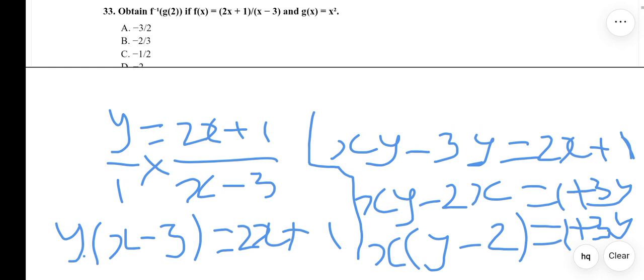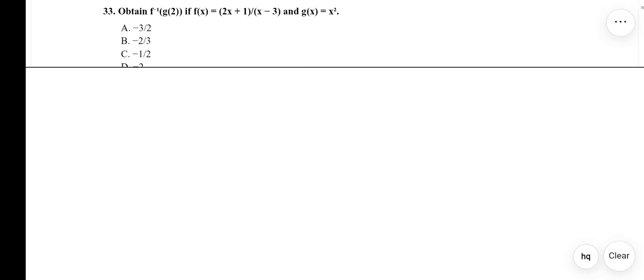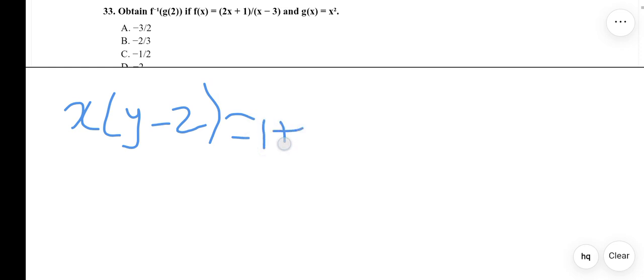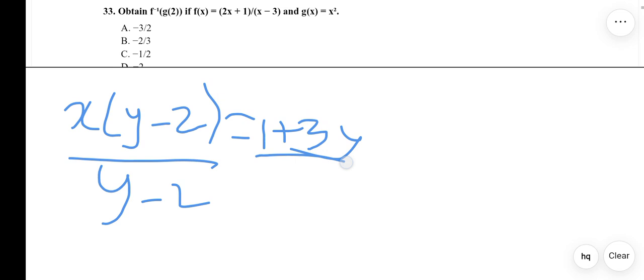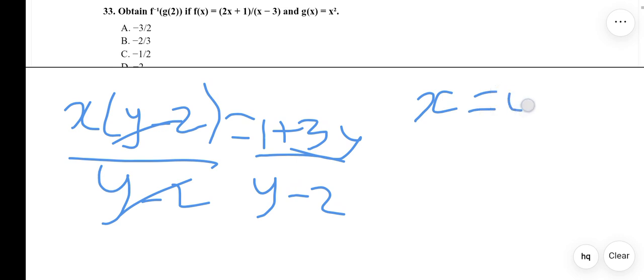So I will divide both sides by y minus 2. So my x will now be, this will cancel themselves, 1 plus 3y all over y minus 2.